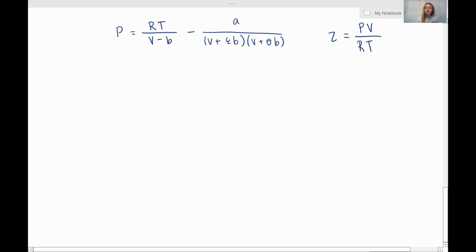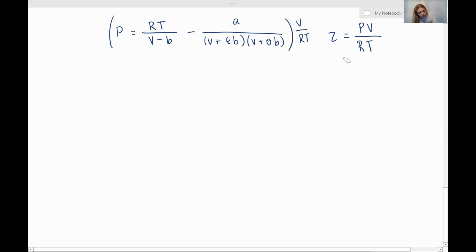To include our compressibility factor Z in this cubic equation of state, we want to multiply our entire equation by V over RT so that we get Z on the left-hand side, where the pressure is. So we multiply by V over RT.